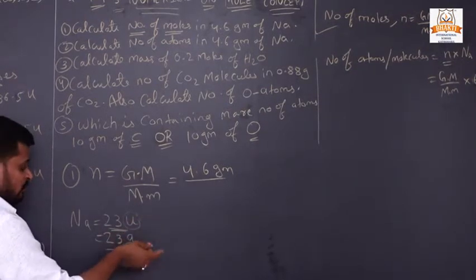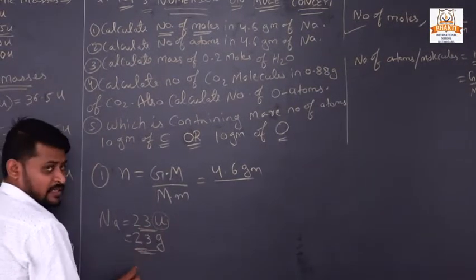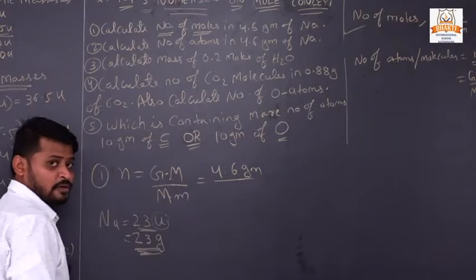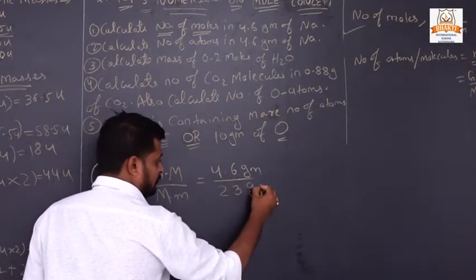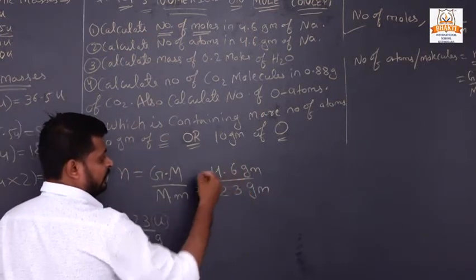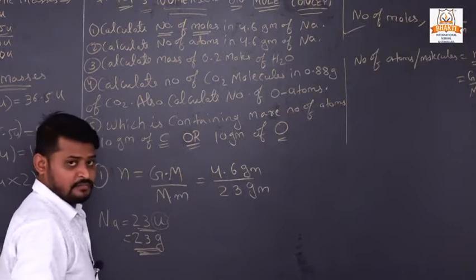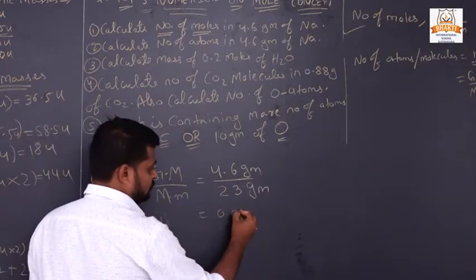When we are finding molar mass, we convert u into g. So here, 23 gram. When we divide 4.6 by 23, the value is 0.02.